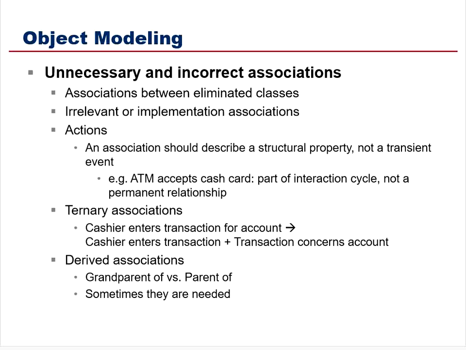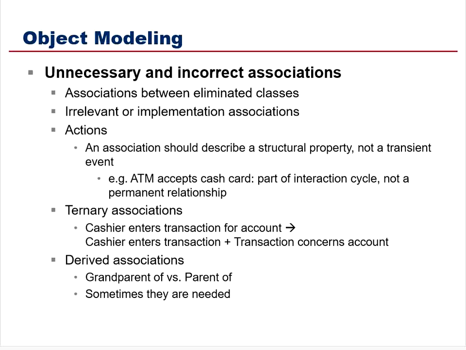We have to see the associations between the eliminated classes. If we eliminate some classes, then that type of association is not required in our project, right? Again, we have to see which are the irrelevant or the implementation associations. That type of association we can consider as unnecessary and incorrect.